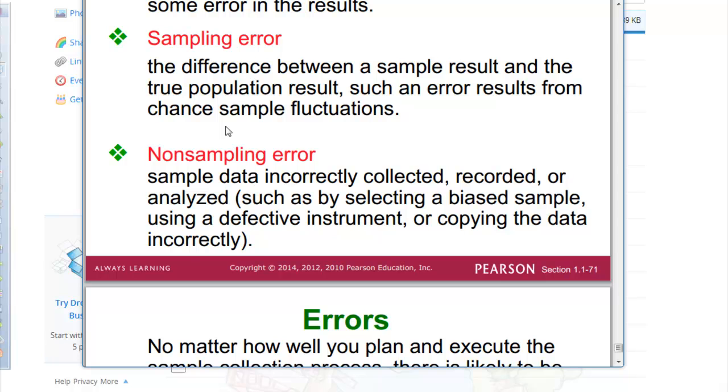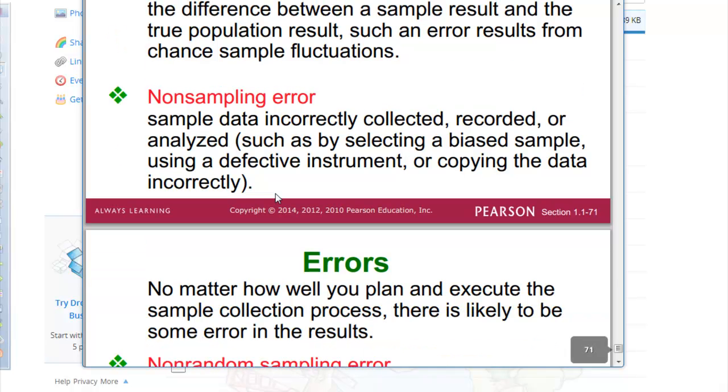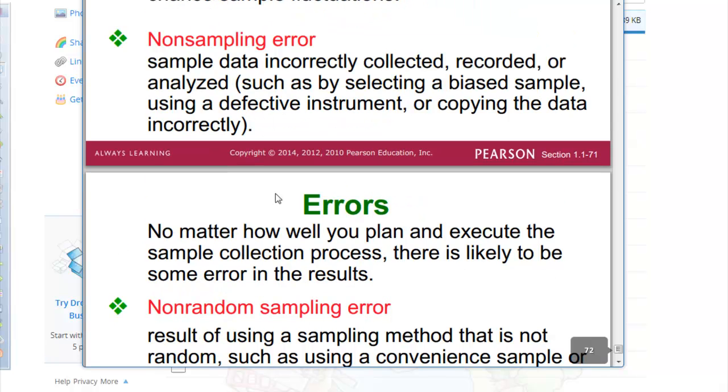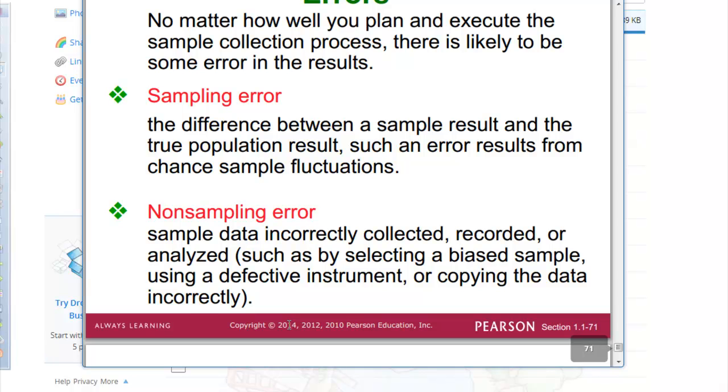All right. And then there was one more, non-random sampling error. This is our non-sampling error. Yes, they are in the textbook.